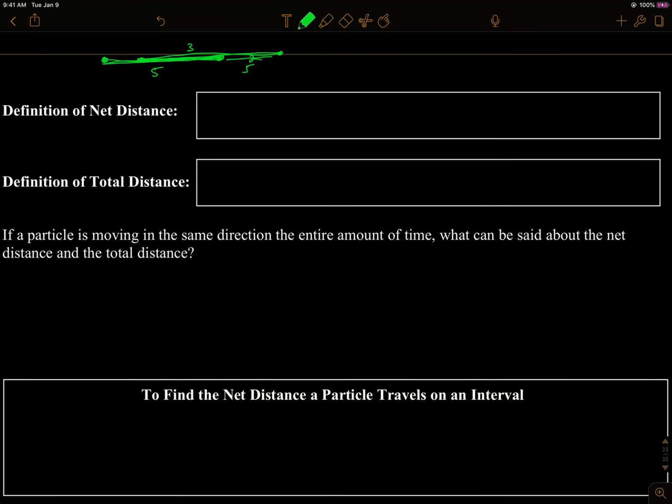So what we're going to say is net distance is the distance from where the object begins and where it ends.